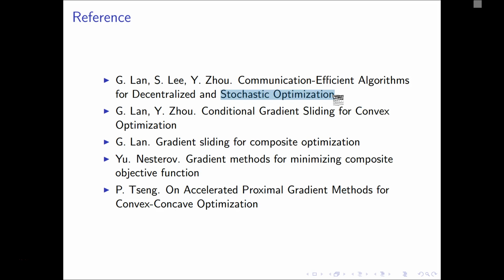But that's not too different from the gradient sliding we talked about today, so I just omit it here for clarity and time. Also, the conditional gradient sliding. This is where the last feature comes from. And finally, all these papers are citing this original paper, Gradient Sliding for Composite Optimization. So this is the paper you want to go to if you want to know more about gradient sliding. Also, the accelerated gradient descent and proximal gradient algorithms I introduced earlier.